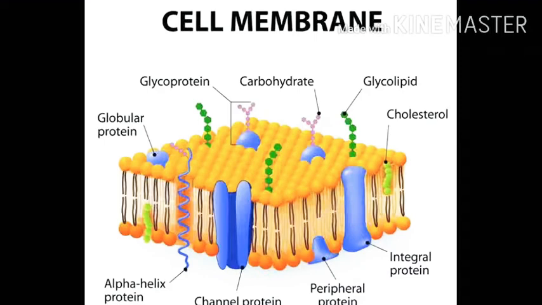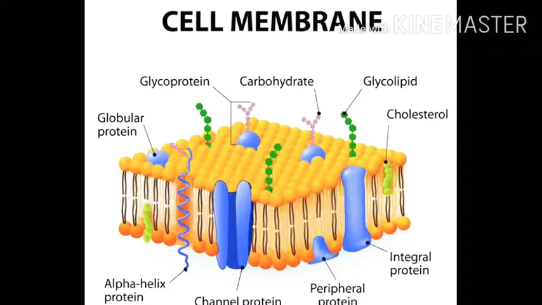Now come to the third point. If the cell is in a lower concentration of water, meaning the solution is more highly concentrated than the medium inside the cell, so the outer is a highly concentrated solution.